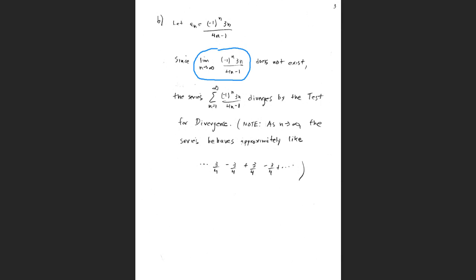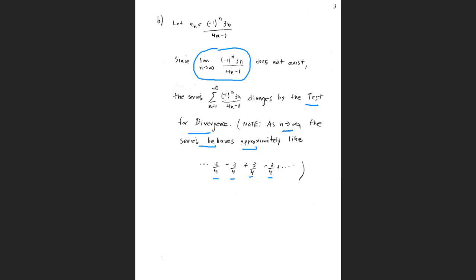So this series diverges by the test for divergence. As n goes to infinity, this series behaves approximately like 3/4, -3/4, +3/4, -3/4, and there's no settling down there. The series diverges.